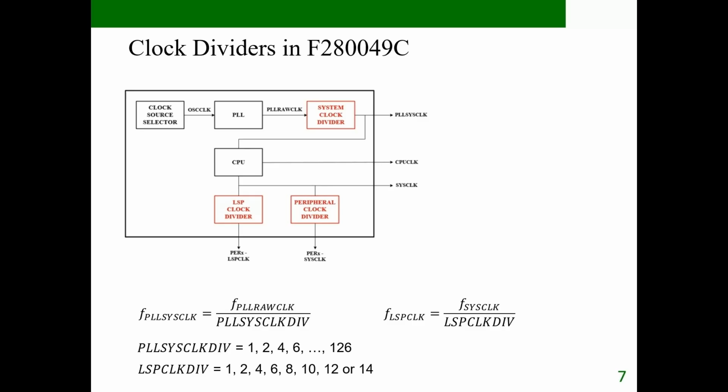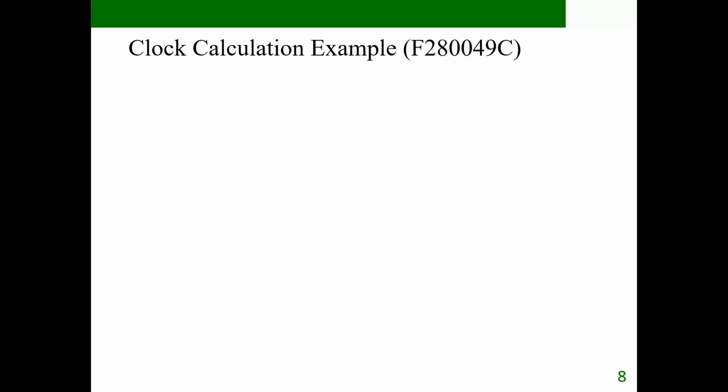Let's now look at a calculation example for the F280049C device. Let's wrap up this lesson with two concrete PLL configurations and check the numbers step by step.